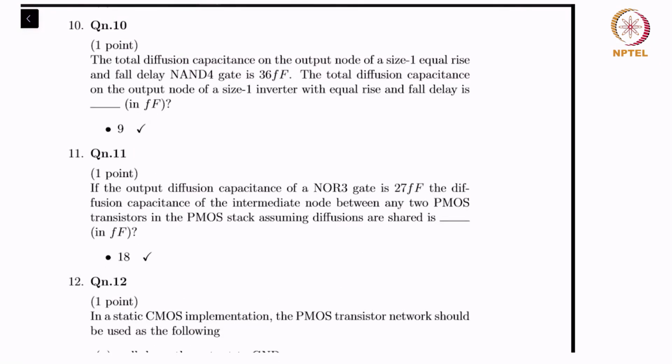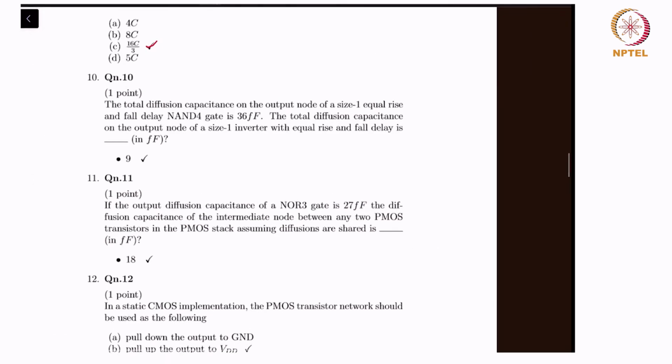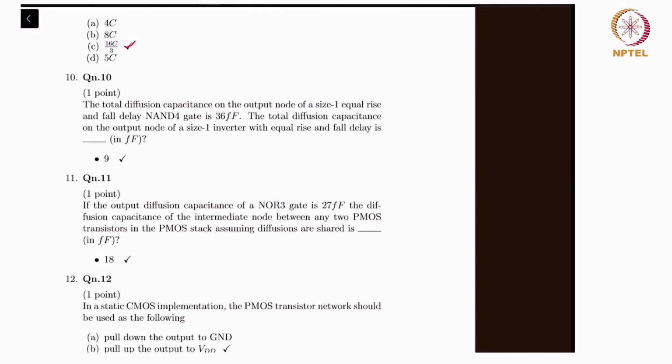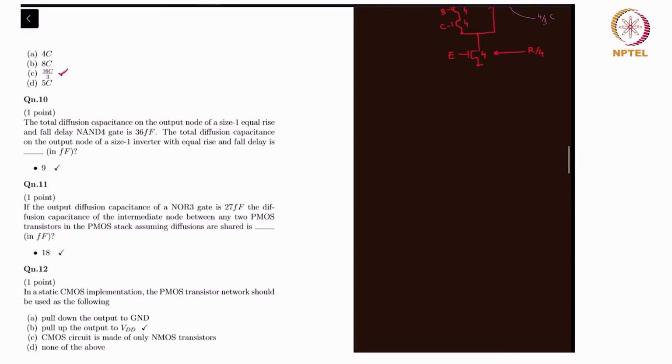In question 10, the total diffusion capacitance on the output node of a size 1 equal rise and fall delay NAND 4 gate is 36 femtofarads, right? So let's draw it again. 1, 2, 3, 4. This is NAND 4 gate.